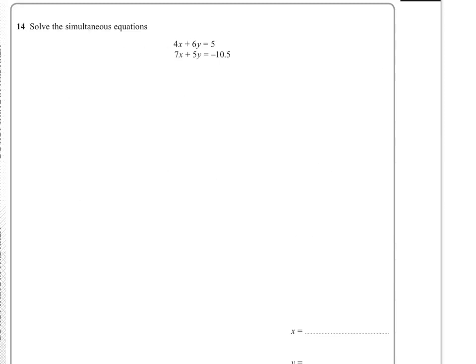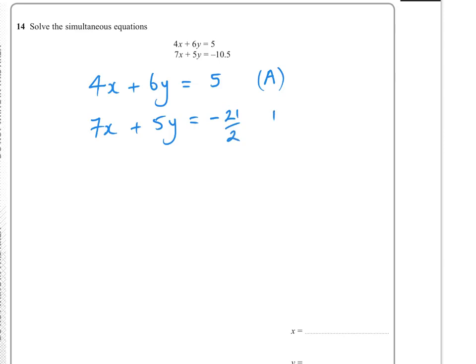Question 14. Solve the simultaneous equations given. Well, the first one here, 4x plus 6y equals 5, we'll call that equation A. And the next one, 7x plus 5y equals minus 10.5, and I'd rather call that minus 21 over 2, if that's okay, and I'll call that B. So the first thing I'm going to do is multiply B by 2 to get rid of this awkward denominator.